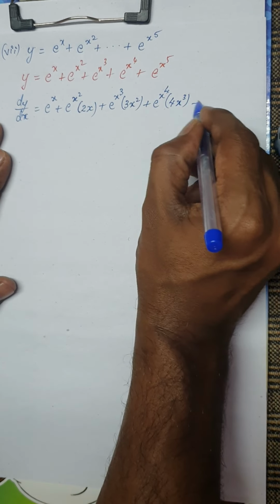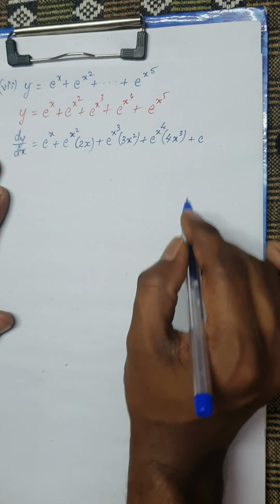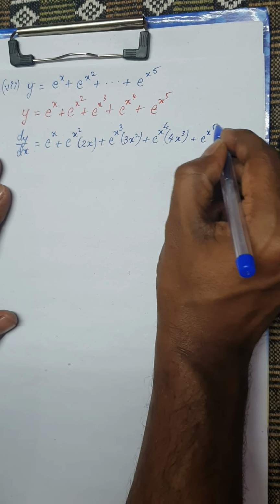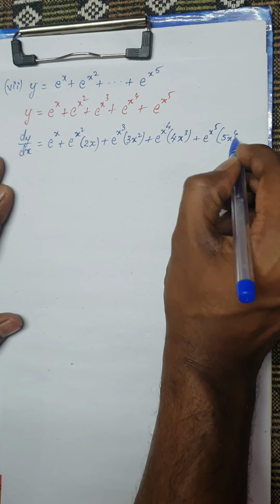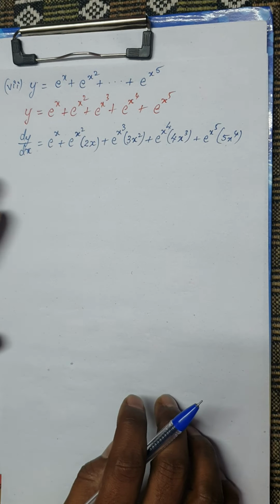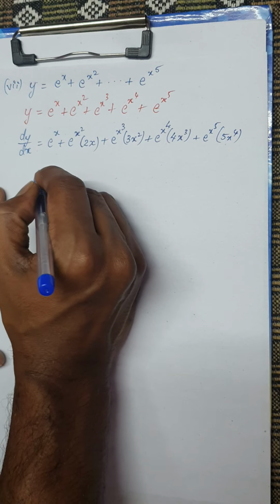Next, finally, plus e power x power 5 into derivative of x power 5. This is nothing but 5 into x power 4. So you can write it in a better simplified way.